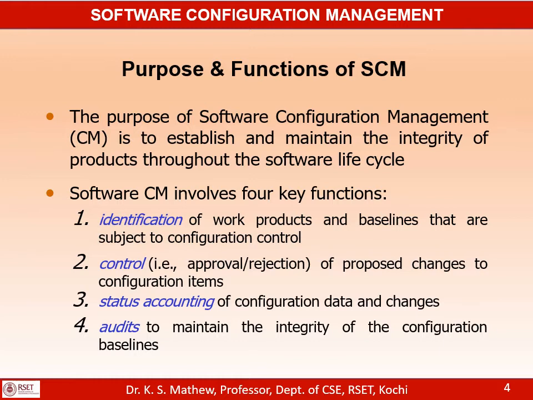So there will be proper approval mechanisms in order to modify these work products which are once baselined. You need to control the changes of this work product. You cannot just keep on changing a work product without proper communication and approval. So the second activity or function is to control the changes of these configuration items or work products.